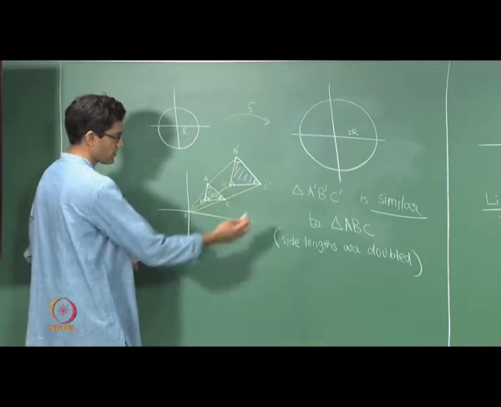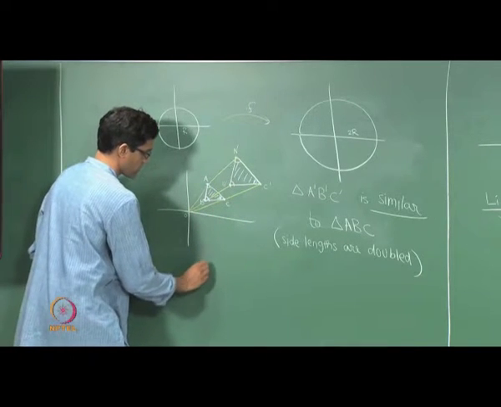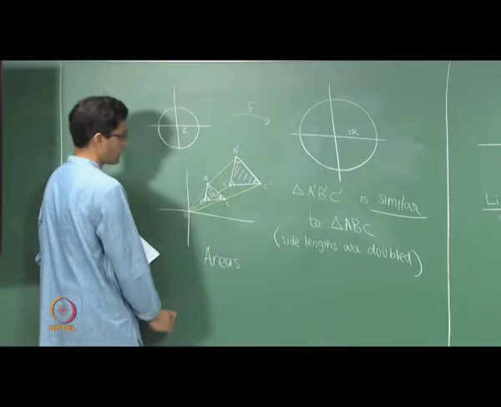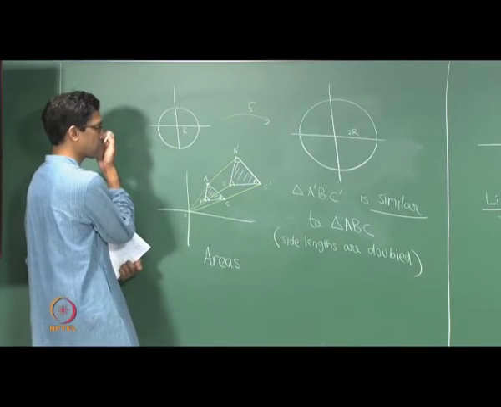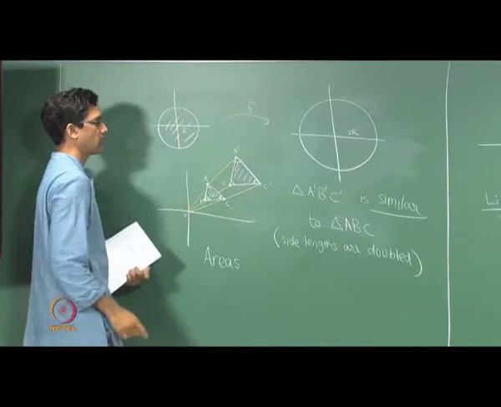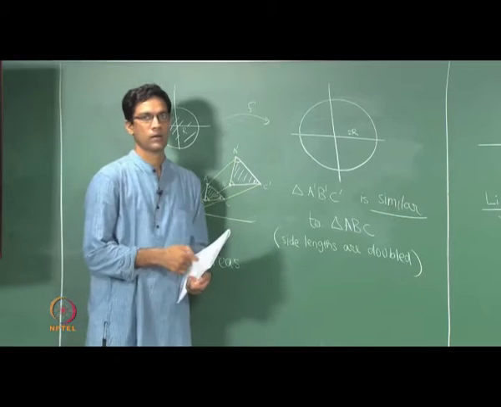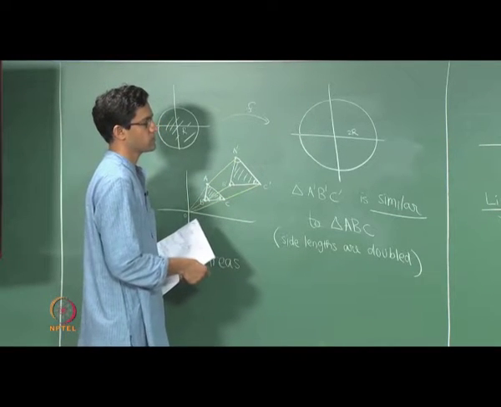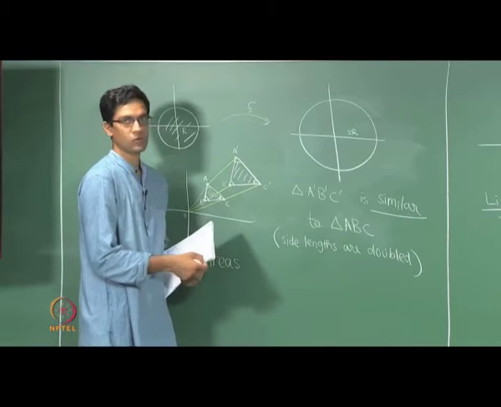So what does this transformation do to areas? So that is the sort of the final point to note, what happens to area. So observe that if I have a circle of radius r, its area is pi r squared, and the circle of radius 2r has area which is 4 times pi r squared, because I need to do pi times 2r whole squared.